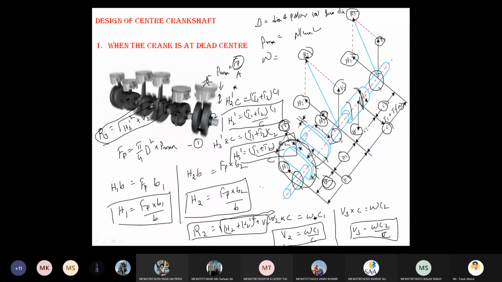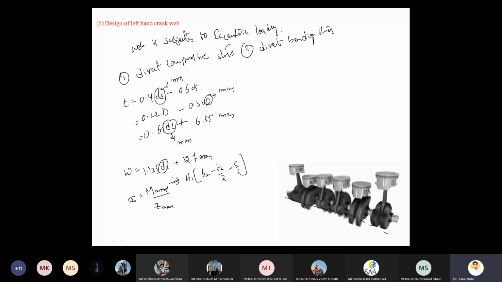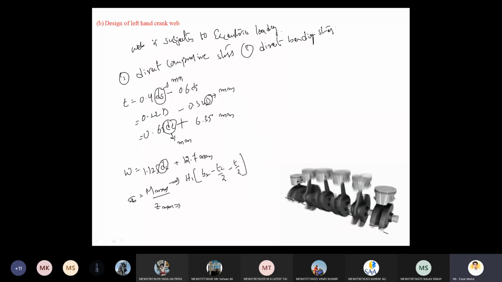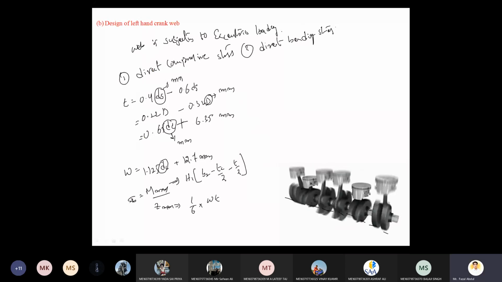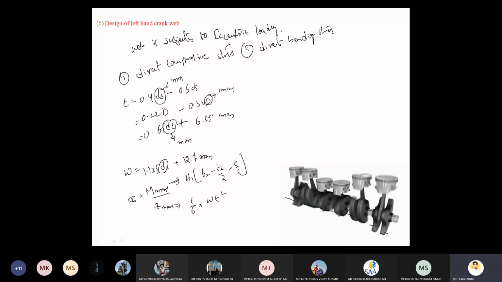So TC. And what is the section modulus here? The section modulus is for this particular section, not the entire one, only the left side of the crank; only one crank web I'm taking here. What is the equation? 1 by 6 into W into T square, with W the width of the crank web and T the thickness of the crank web.